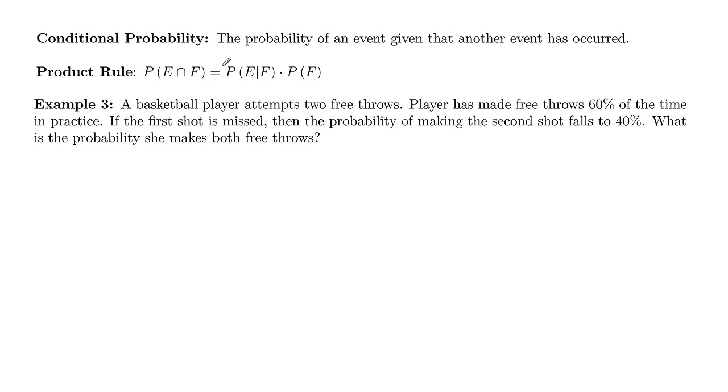And you write a conditional probability like this: E and then a vertical bar F. What that means is the probability of the event E, and the vertical bar means given that the event F has occurred. So this is probability of E given the event F.